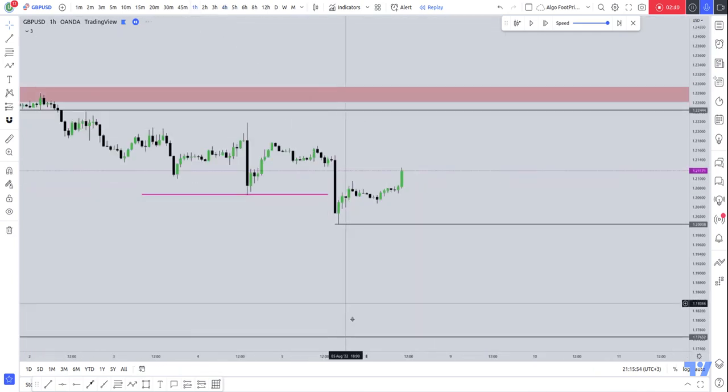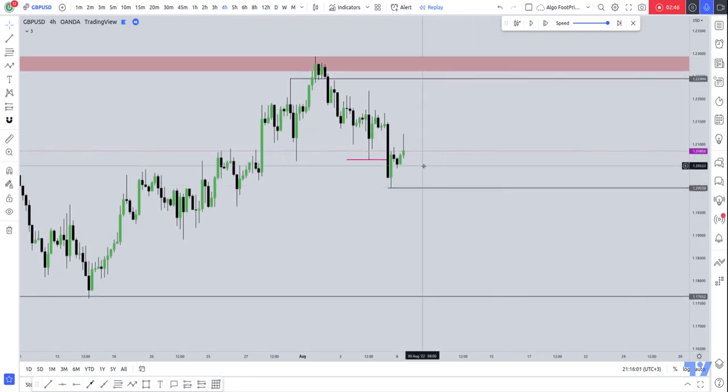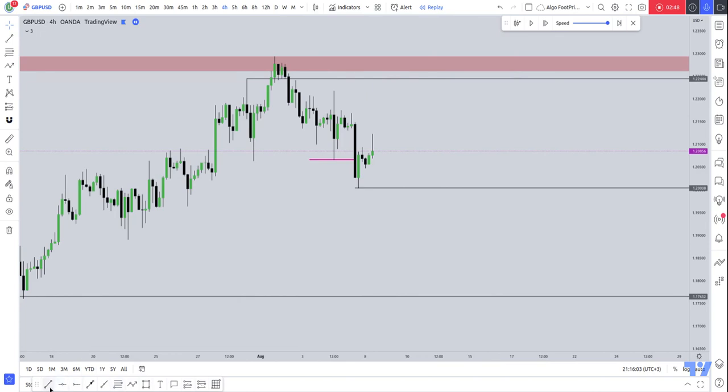We switch to H1. Let me go back to H4. So now you see price has been breaking all these structures, these swing lows, this swing low broken.